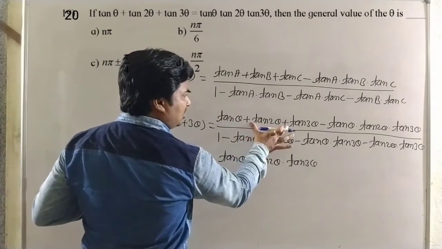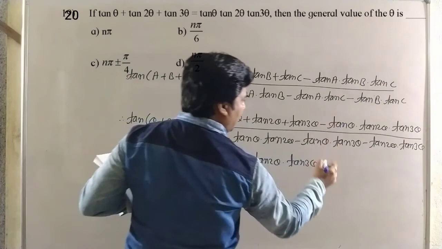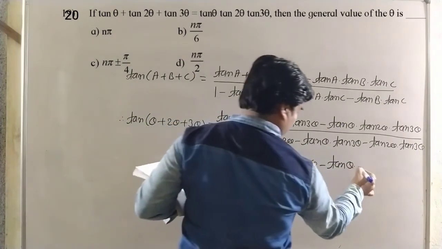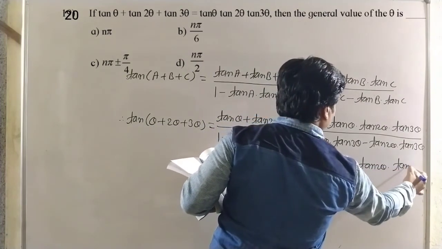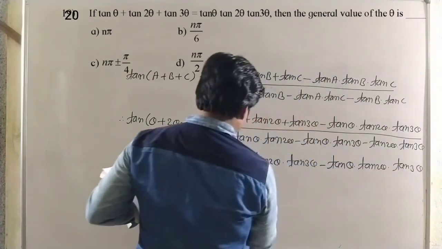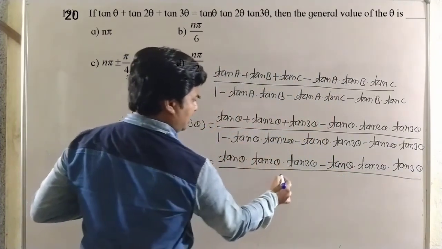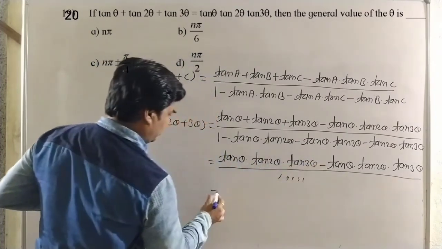Only replace these three terms into this. Now it is tan theta into tan 2 theta into tan 3 theta upon the same term, but both are the same, therefore it is 0.